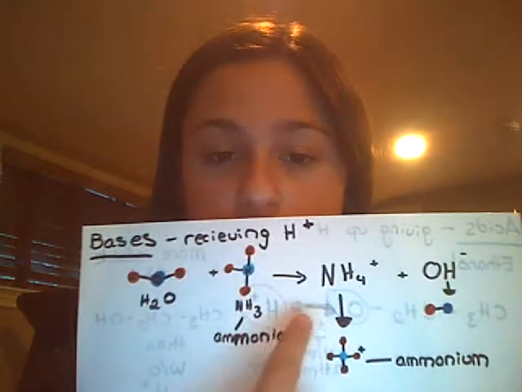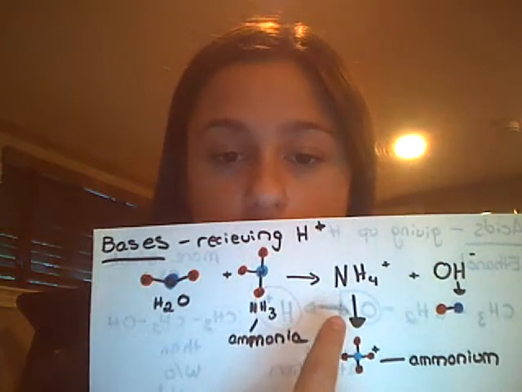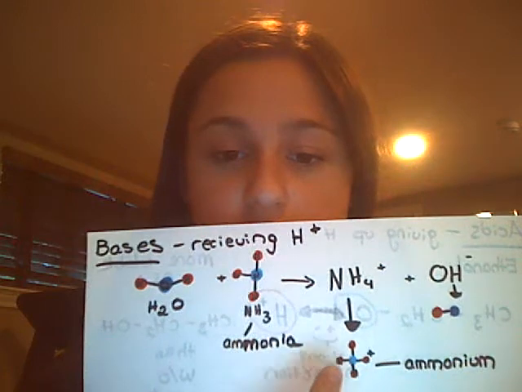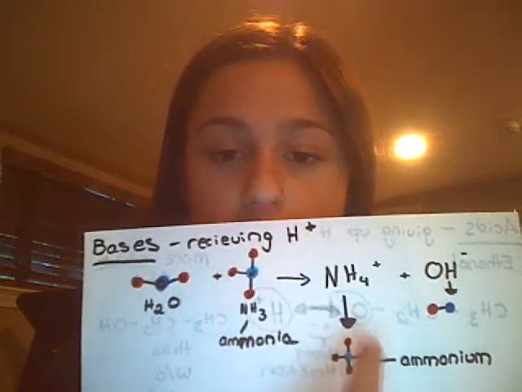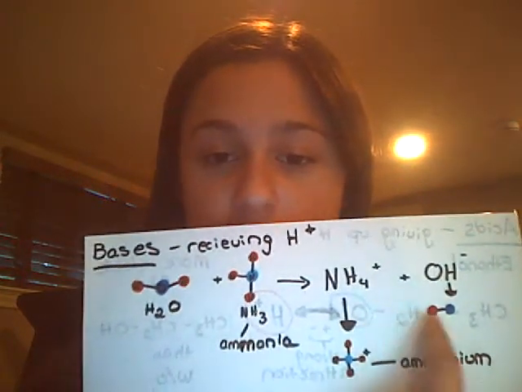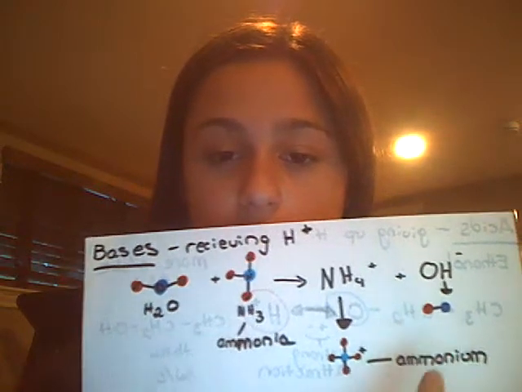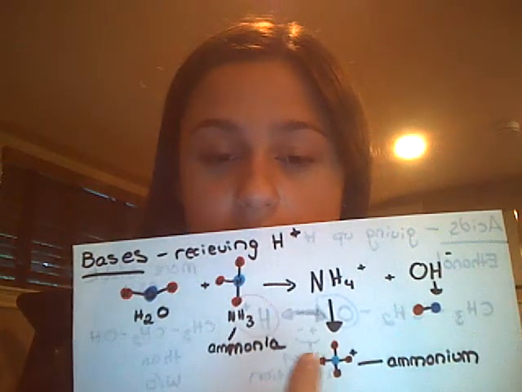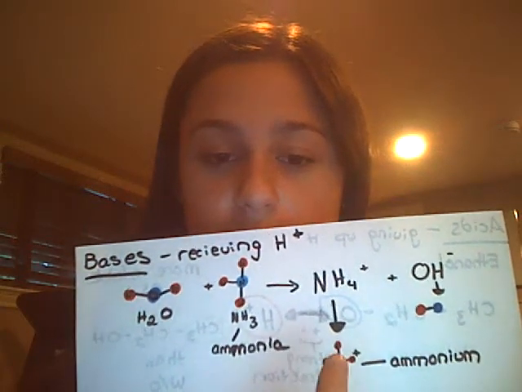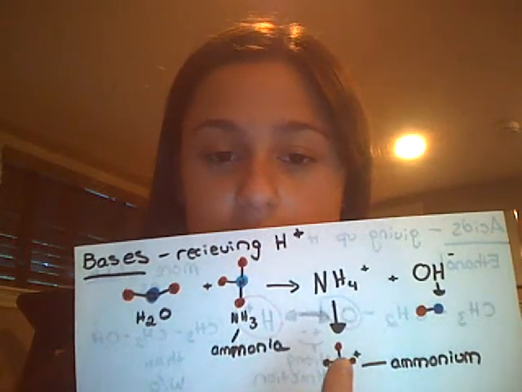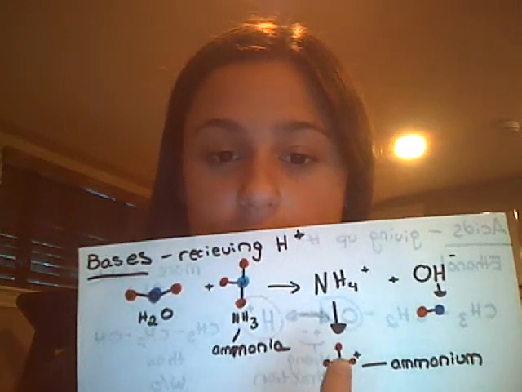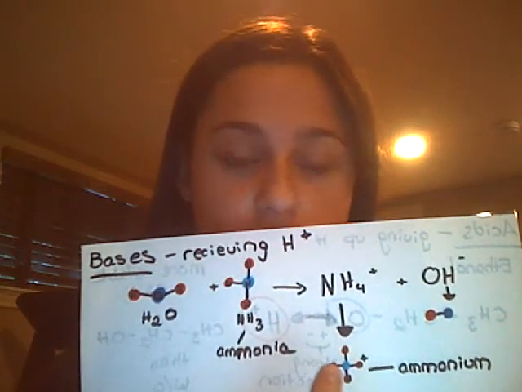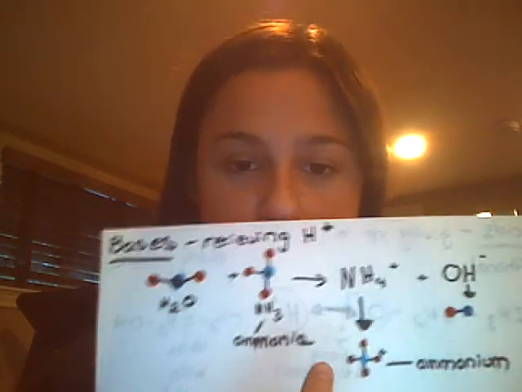And when those react, they form ammonium, which you can see the structure here, and OH negative, which is an ion. And for ammonia, you can see these hydrogens are neutral, but this one's positive, which makes the overall balance, the overall stability of this compound not very stable.